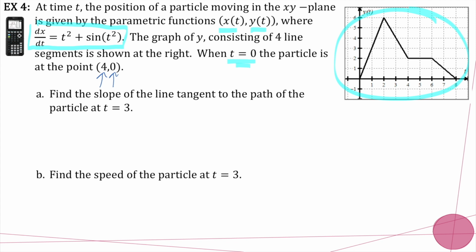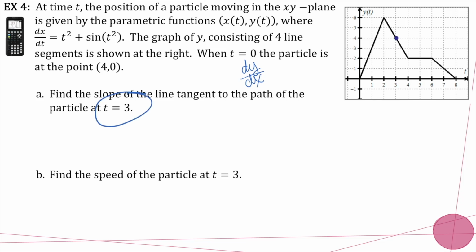Part A says, find the slope of the tangent line to the path of the particle at t equals 3. All right, so we're looking for dy/dx. Well, at time t equals 3, the slope of my y function is negative 2.